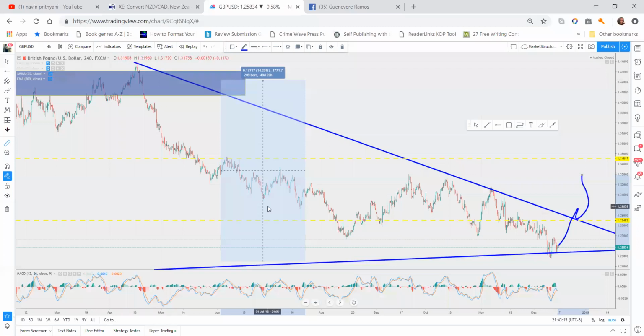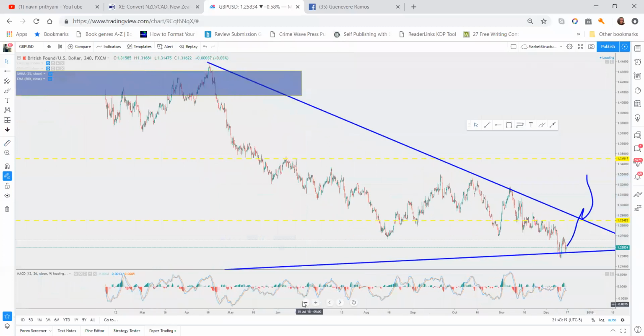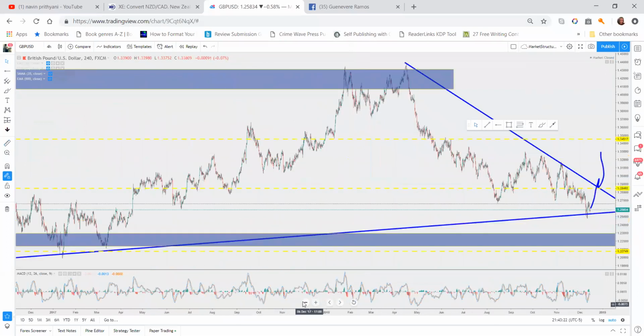Now that's not going to happen overnight, but once you see this reject and give you a strong push to the upside, which I'm still expecting it to drop down here, just based on the way that it's moving right now, unless we get news, of course. We can see it come here and then shoot back up to the upside right here.